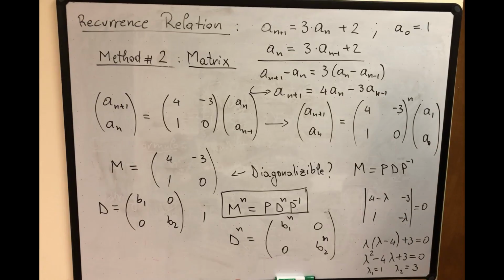The second method that we're going to see that is going to help us to solve the same recurrence relation is the matrix method.